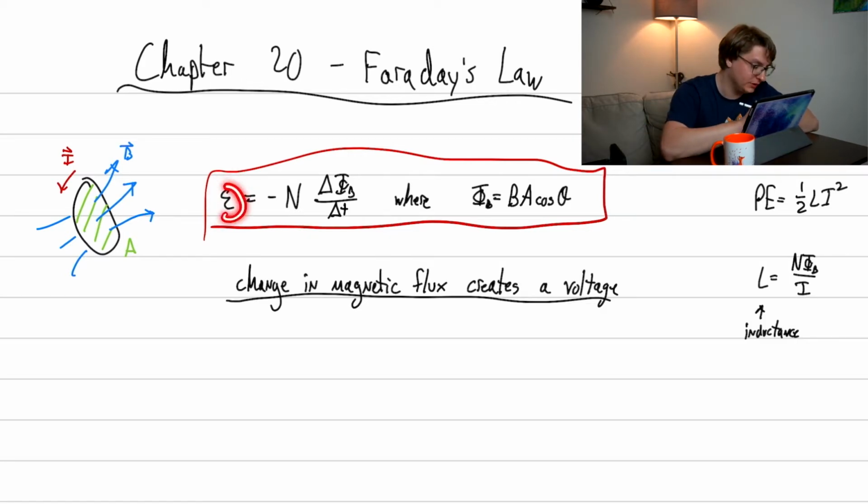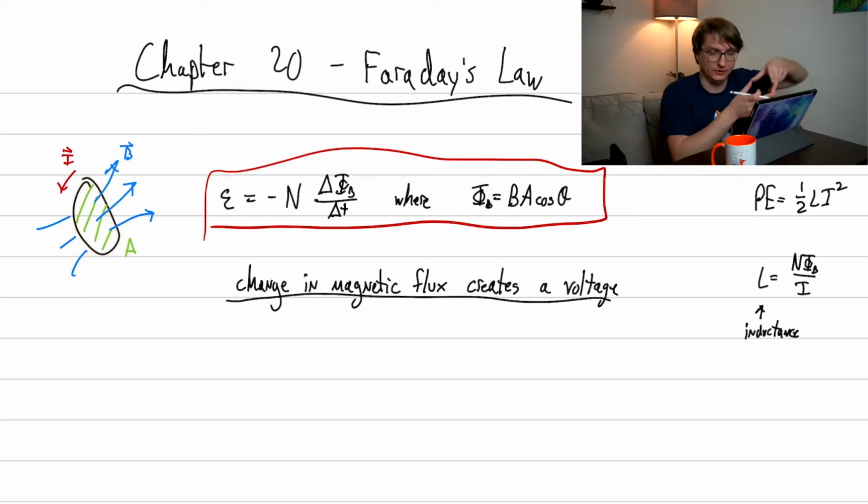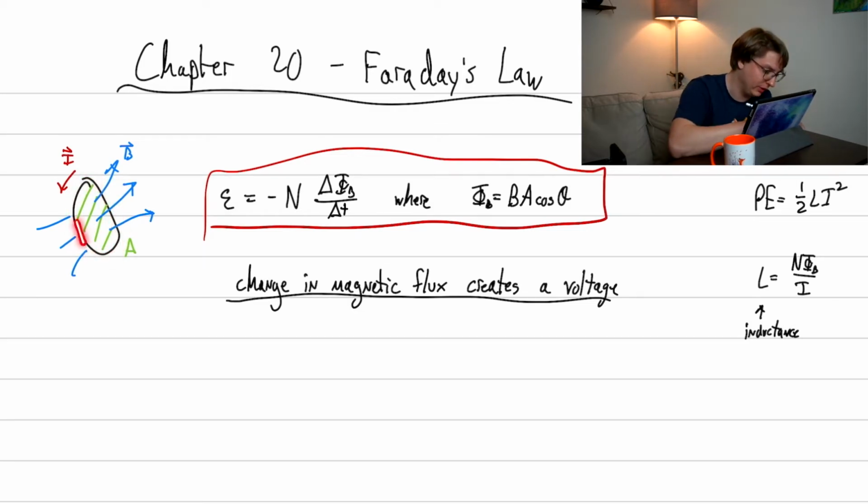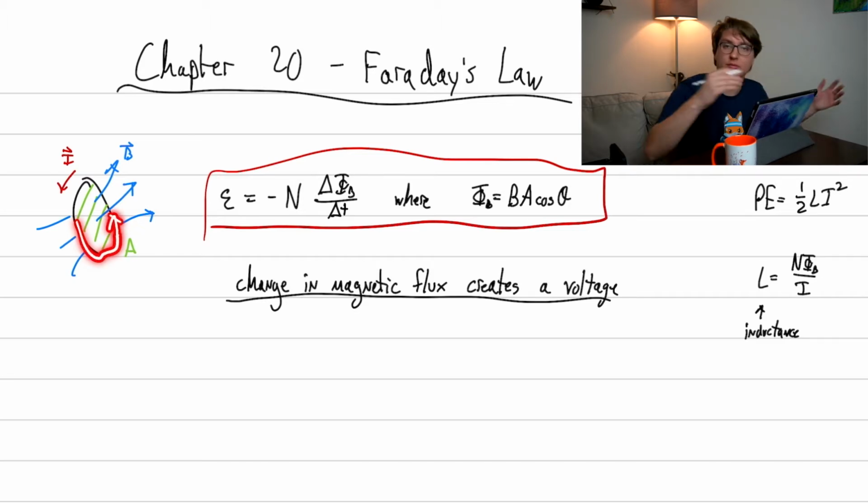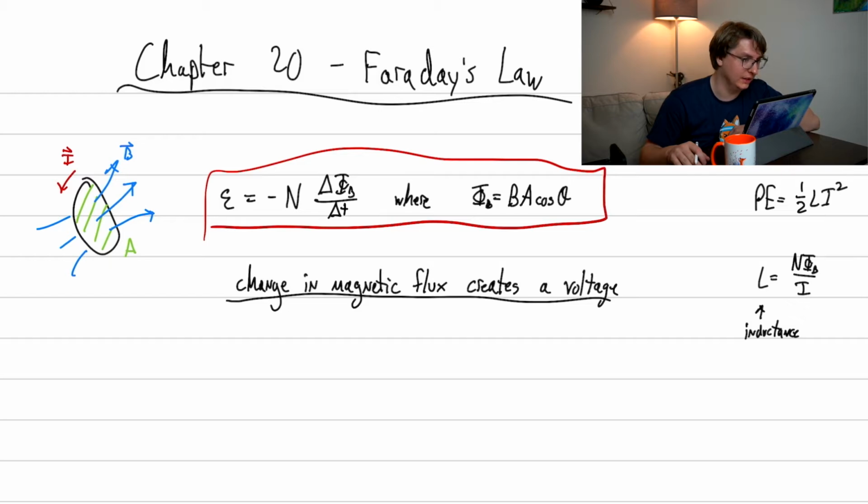So you'll create a voltage in this loop. This is a wire, a complete circuit. Some voltage will be created and a current will be created in this loop just from the magnetic field passing through it. It ends up being really interesting and practical.